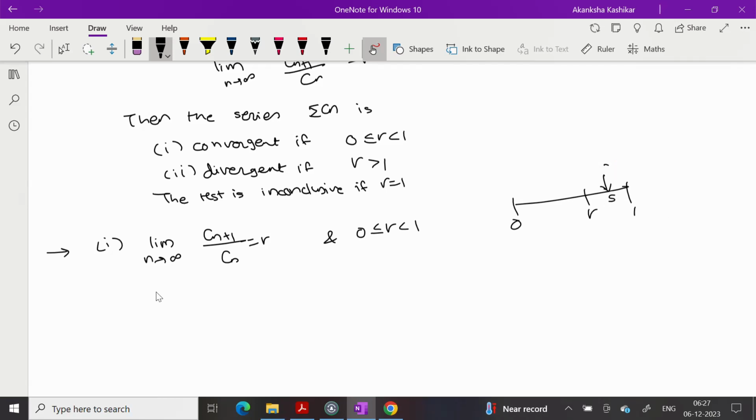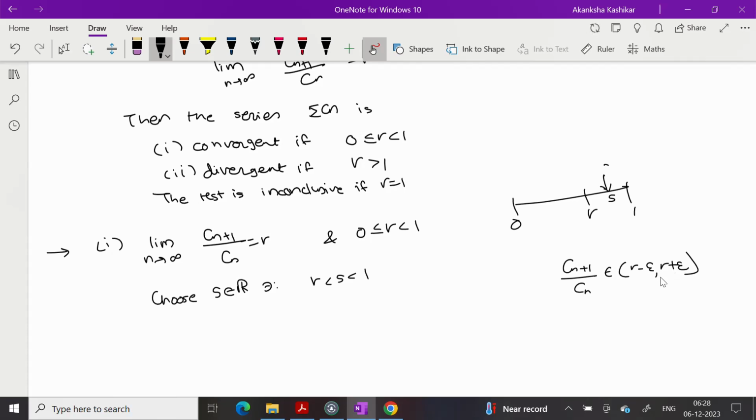So choose s such that r is less than s is strictly less than 1. Now what do I know? Why do I take this s? What we know is Cn plus 1 upon Cn has limit r. So Cn plus 1 by Cn belongs to r minus epsilon to r plus epsilon.